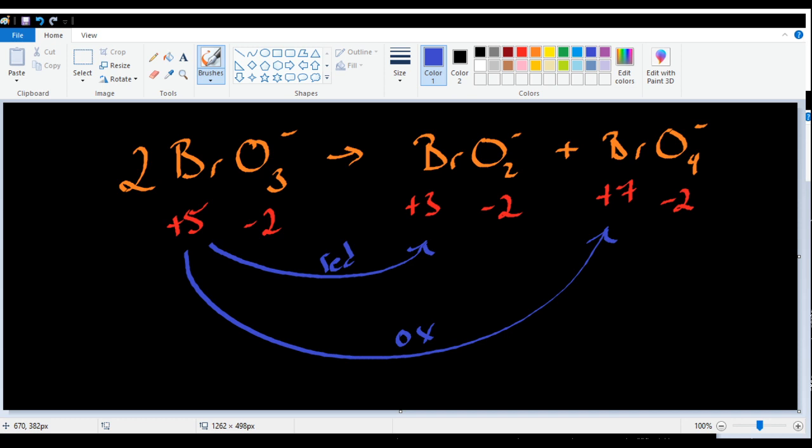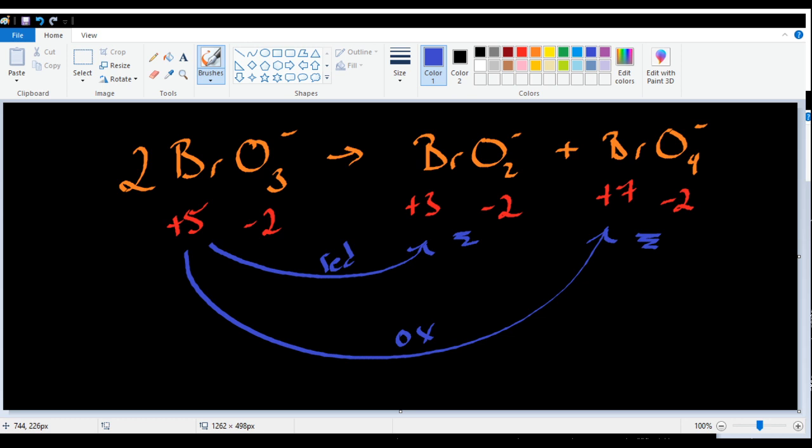So one of them loses those electrons, becomes oxidized. The other one gains those electrons and is reduced. So just follow the numbers is really all the advice I can give you there.